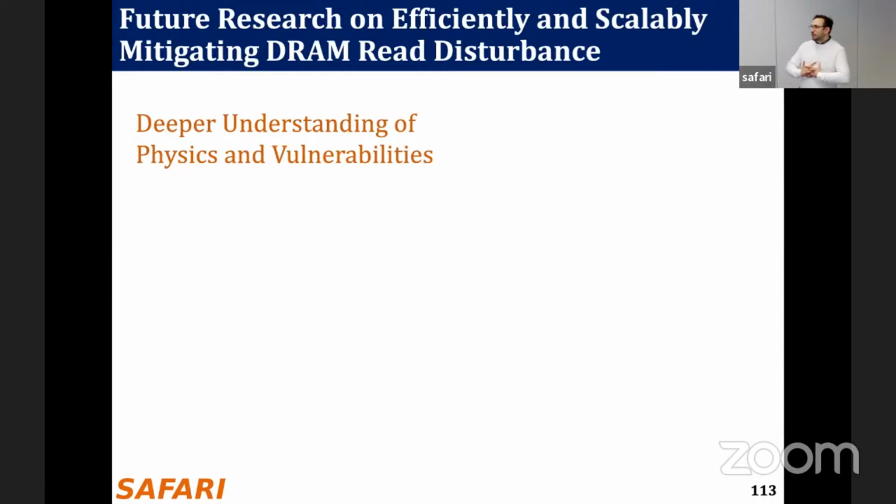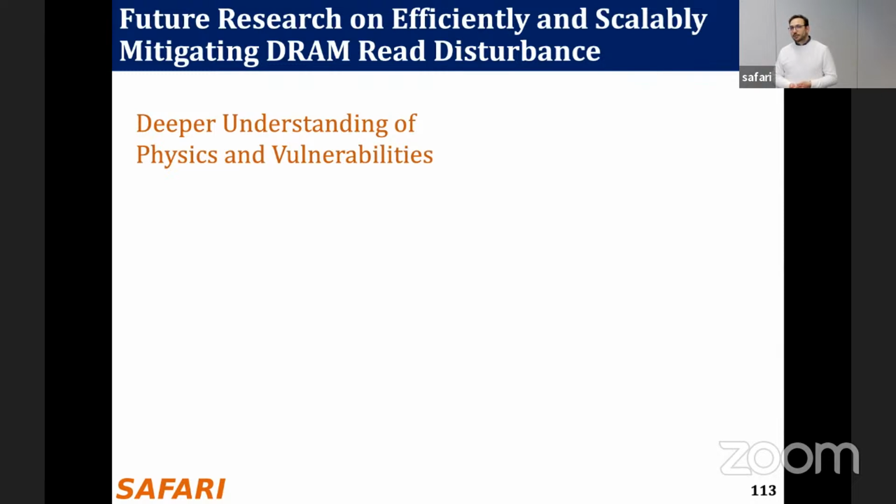Okay, so future research on efficiently and scalably mitigating DRAM read disturbance. We did a lot of work to understand how DRAM read disturbance happens and how it behaves under different conditions. And we also proposed several architecture level solutions to attack this problem from different angles.